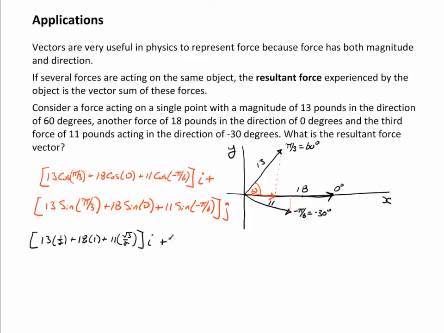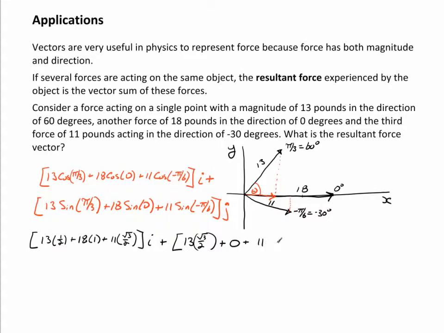plus the j component, which is going to be 13 times sine of pi over 3. Well, sine of pi over 3 is root 3 over 2, so this is 13 times root 3 over 2, plus 18 times sine of 0, plus 11 times sine of negative pi over 6.